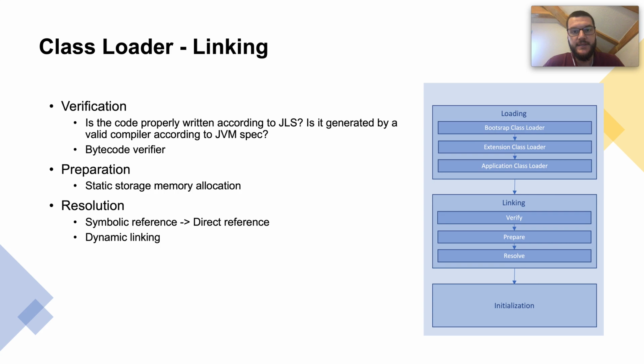And this is the last step in the linking phase, the resolution. This is where loading of all referenced classes takes place. For example, if our class X uses some class Y, in this step the referenced class Y is first resolved. Initially, all references are so-called symbolic references or logical references and are stored in the constant pool of the .class file.